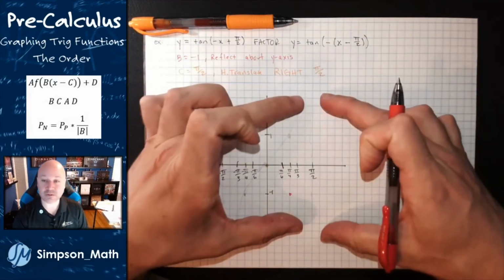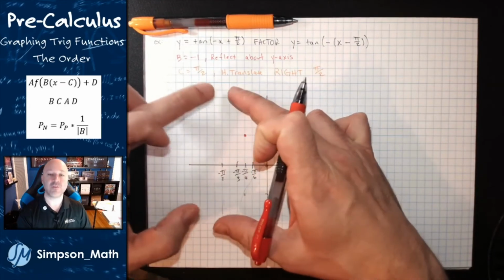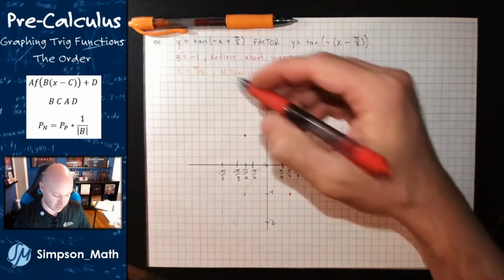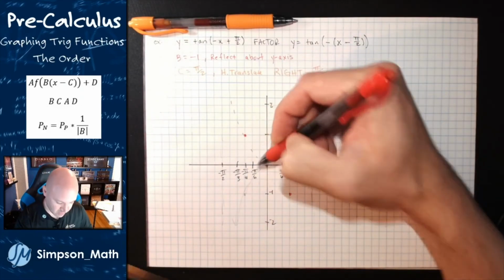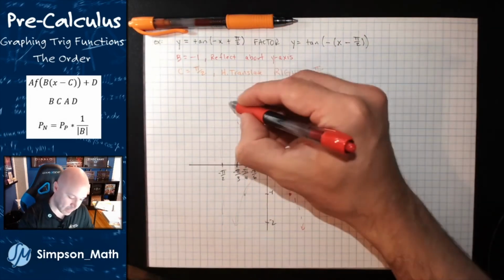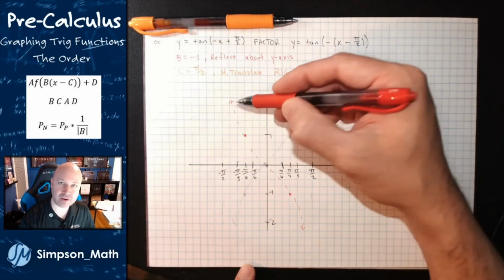The asymptote at pi halves is reflected to the asymptote at negative pi halves. This vertical asymptote at negative pi halves is reflected to this vertical asymptote at pi halves. I'll do a little dashed line in here for this reflected tangent in red. What I just graphed was a tangent of negative x.